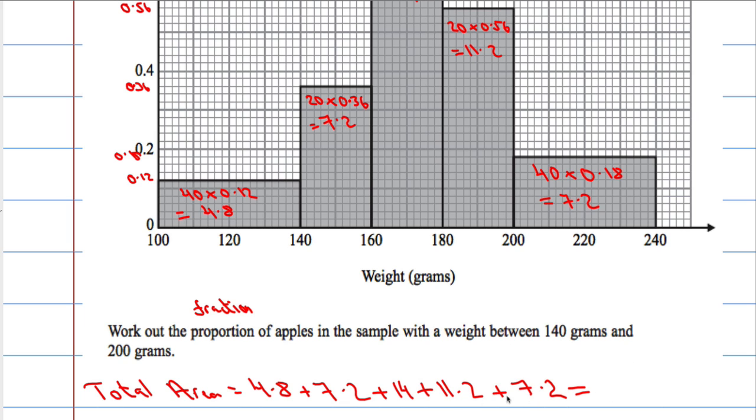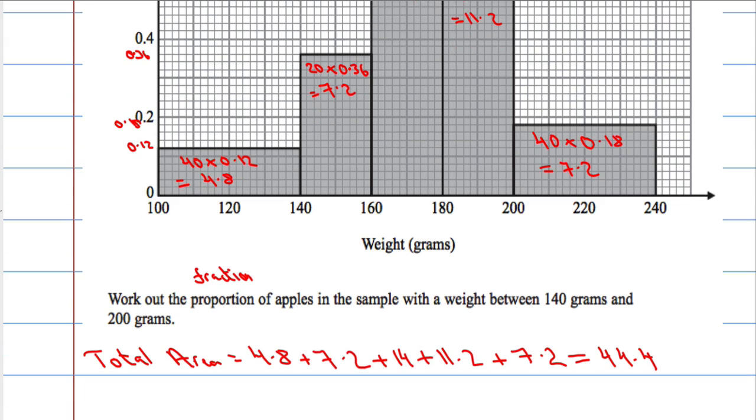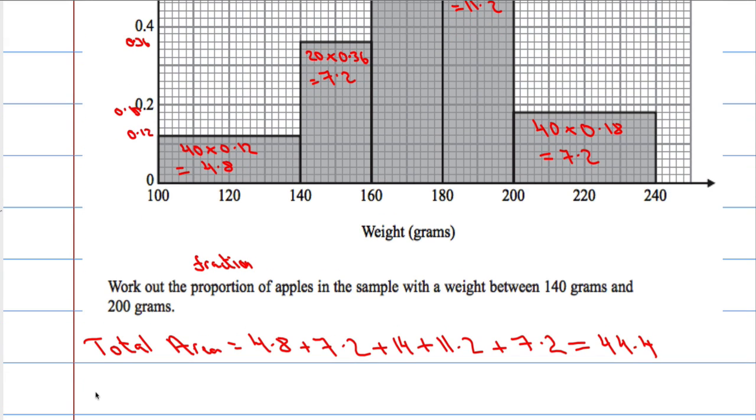It's better off if it is a calculator paper. Let me see, 2, 4, 6, and that would be 14, and so on, carrying on, and that will be 44.4. So that's the total area, 44.4.